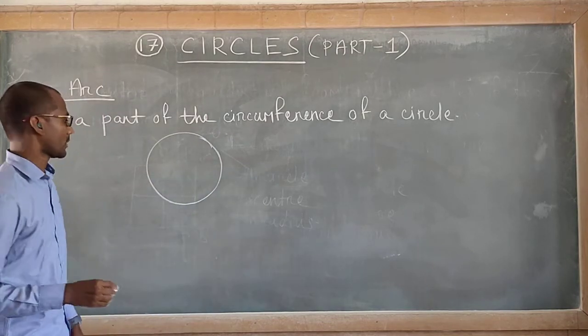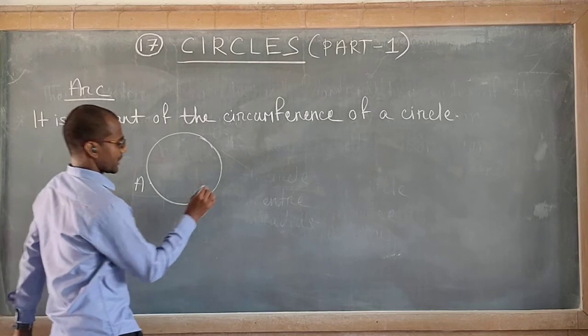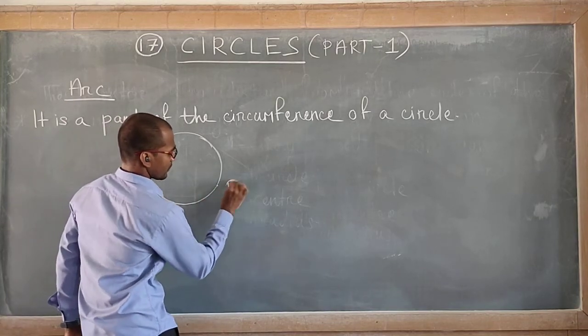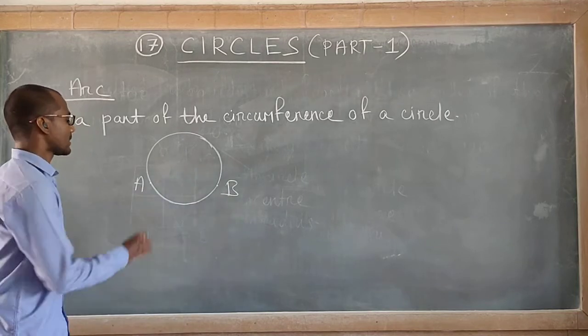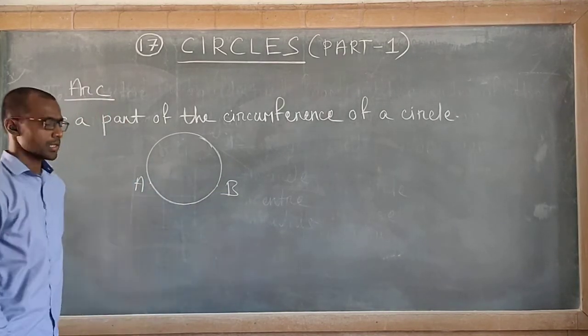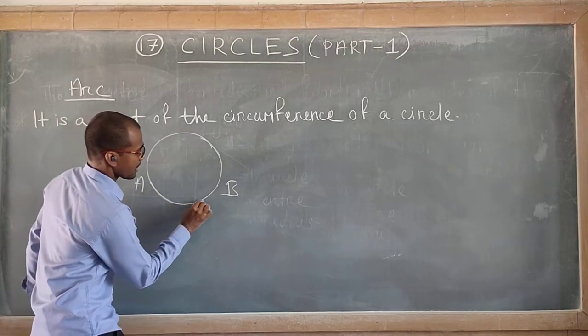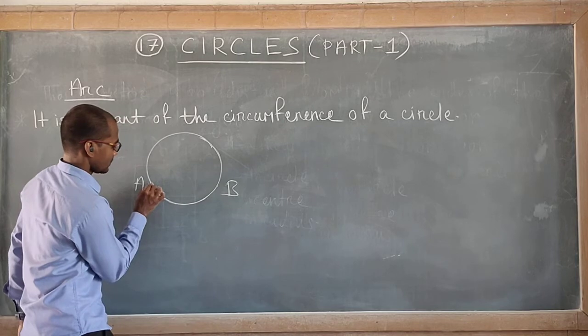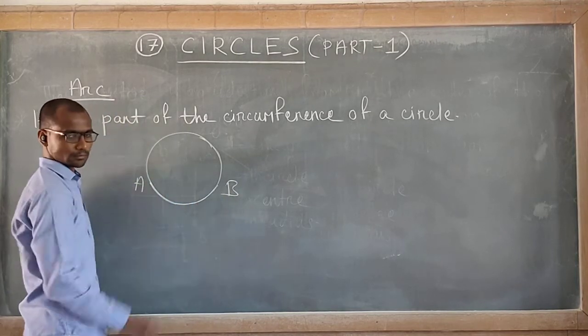This is the circle. Let us take any 2 points on the circumference. Here the center is not important, so I am not taking the center. I have taken 2 points A and B randomly on the circumference. Now you can see this curved part. This is a part of the circumference.